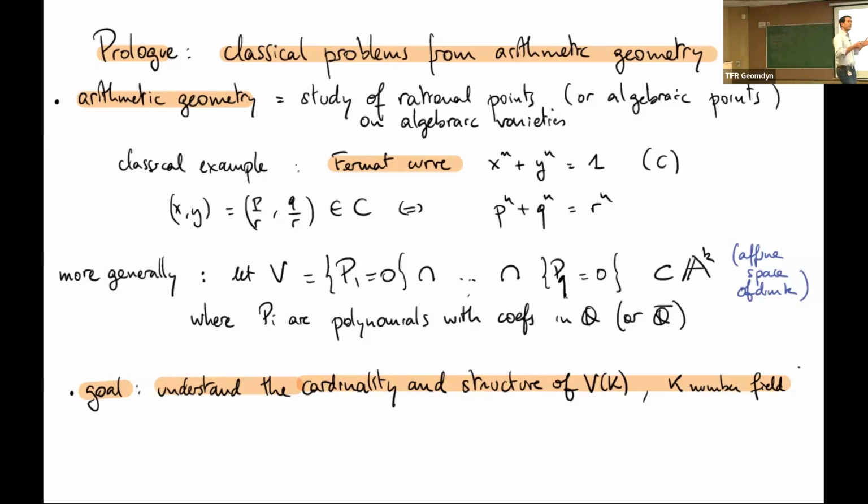So it's the affine space over some field, and choosing the field properly will be part of the work. You take this subvariety defined by a number of algebraic equations, and you want to know the cardinality or the structure of the set of rational points in this variety, and more generally of the set of points in this variety whose coordinates are in a given number field, like, we don't know, quadratic integers or whatever you like.